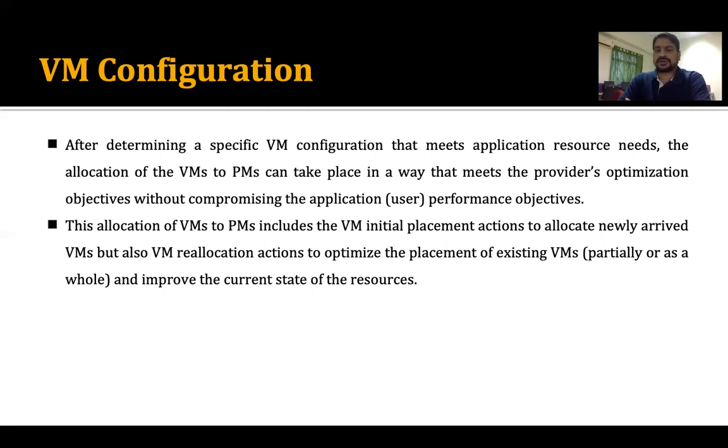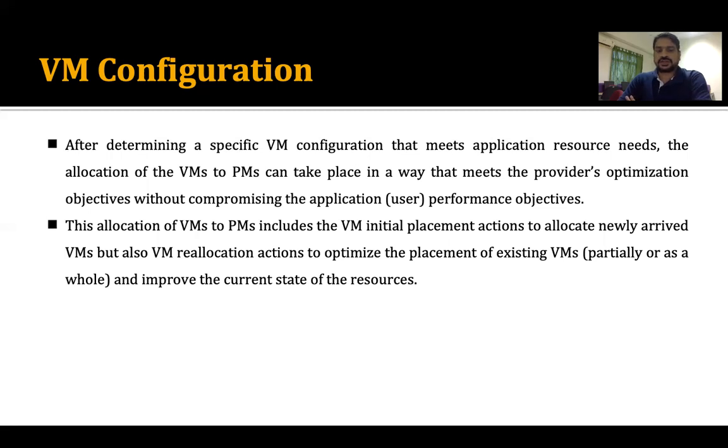So after the configuration, the virtual machine placement onto the physical machine will take care of the optimization objective of the cloud service providers, as well as see that the application performance objective is also satisfied.